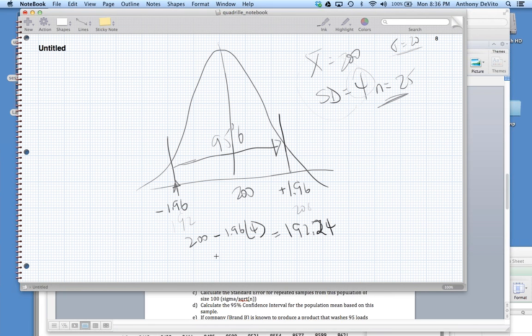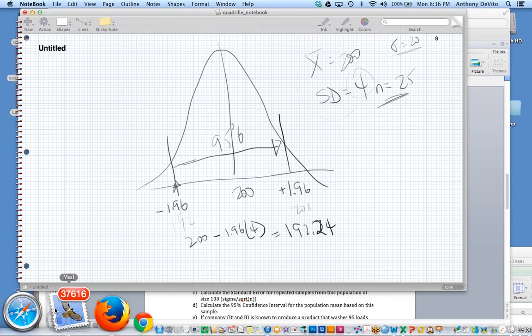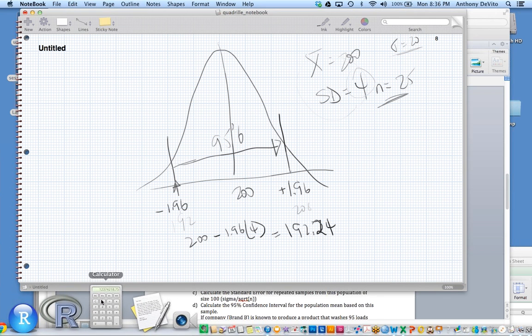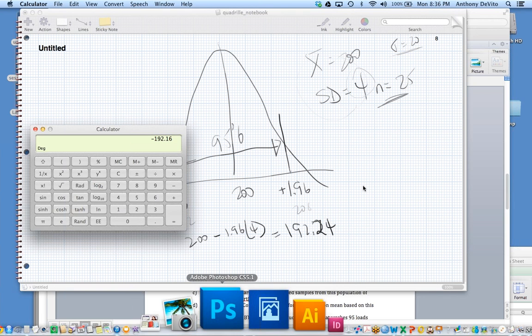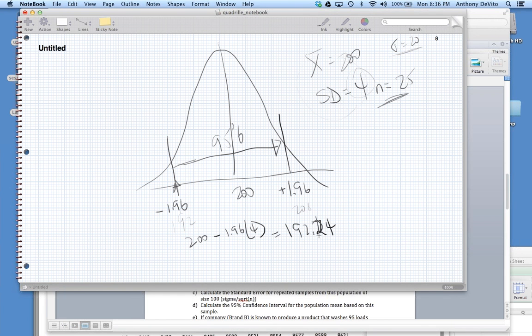Hang on a second here. I'll get my calculator up so you know I'm right. 1.96 times 4 equals 7.84. 200 minus 7.84 equals 192.16. So this is going to be 192.16.